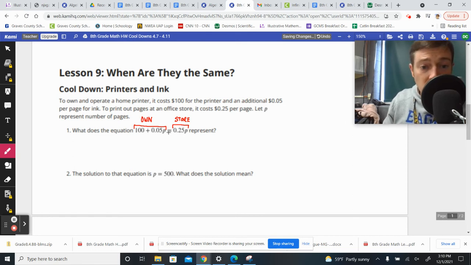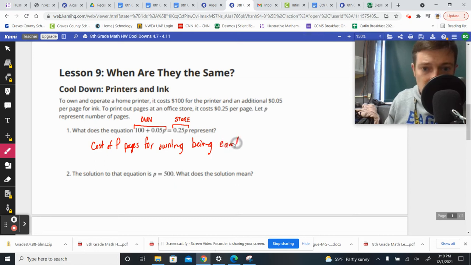So, what does it mean that they're equal to each other? Having these two things equal to each other, since it represents cost, this would represent the cost of P pages for owning being equal to the cost for P pages at the store.